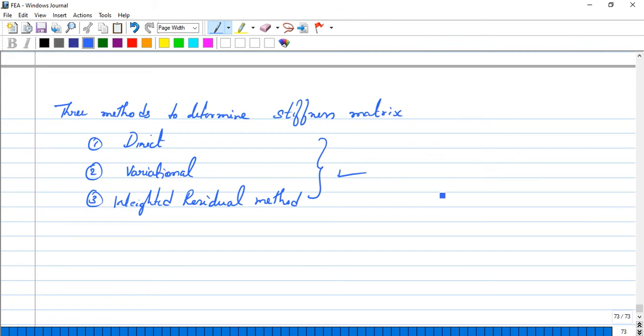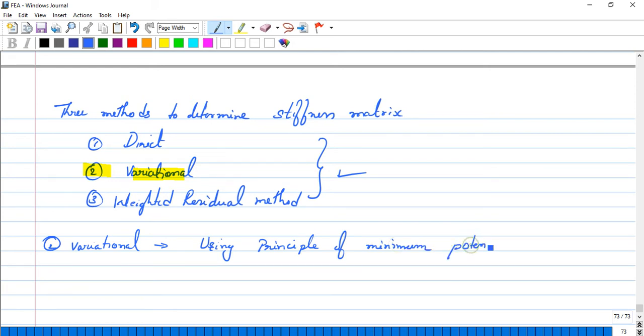So let me consider the second method to derive the stiffness matrix of the bar element, the variational approach, where I will make use of the principle of minimum potential energy.